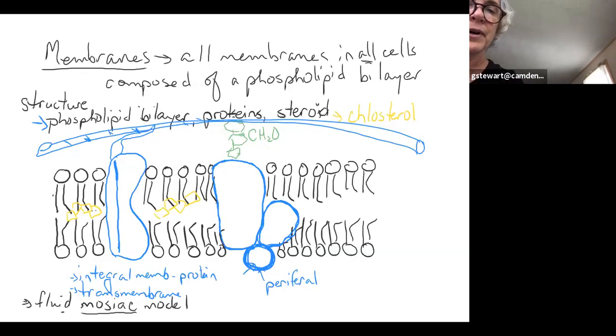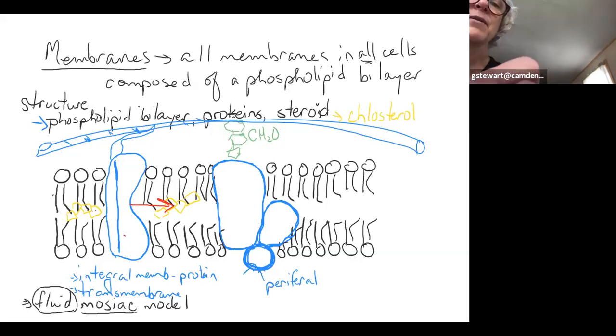The fluid part pertains to the fact that these proteins can actually move through the membrane, or the membrane is a fluid system. Like today, right at this moment, you might look at this protein here, and it's located at this particular spot.